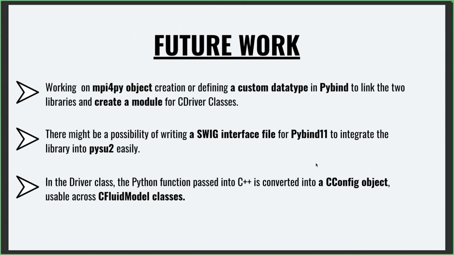So if I want to use Pybind11 in a similar way, I would have to write a SWIG interface file and then it can easily be imported into PySU2. The config and driver classes, with these config objects created, can easily be called using the object. That will be achieved only if PySU2 and Pybind11 are linked. So this was the future work I will be working on.